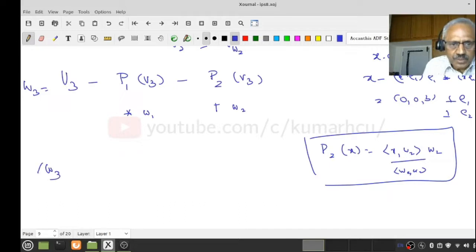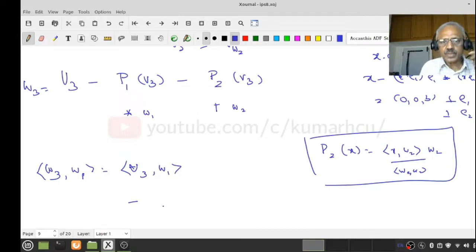Therefore, W3 inner product W1, what is it? Some scalar. I want to say this is 0. Therefore, it is V3, what do I have? I have V3 minus P1. What is P1? That I know.